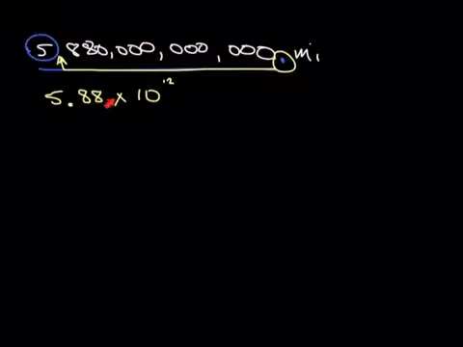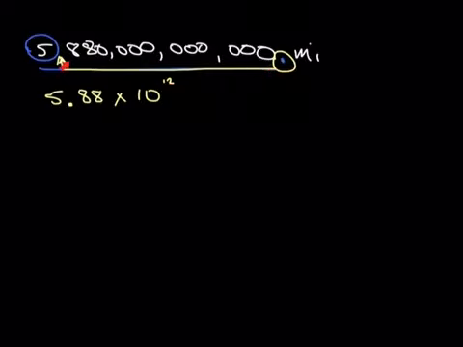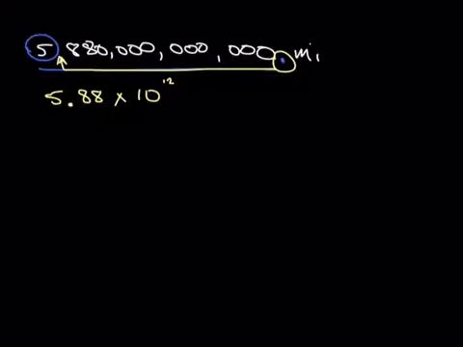All scientific notation has first digit, decimal, a couple non-zero digits, times 10, and then this is how far we moved the decimal from its original place to the left. Okay, so let's try another one. 376, let's make it million.